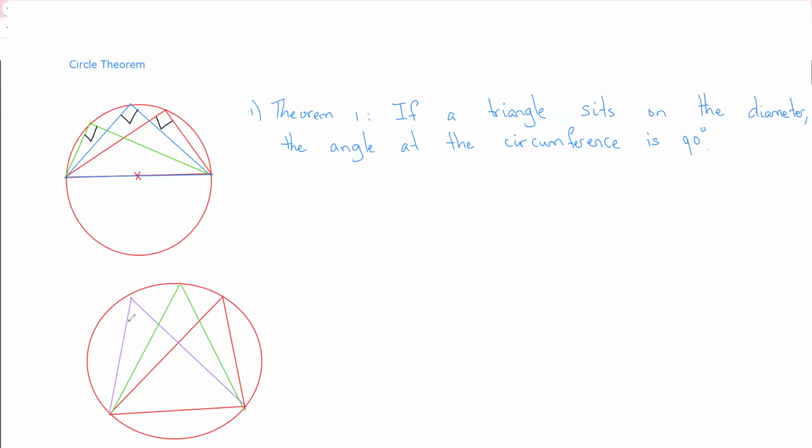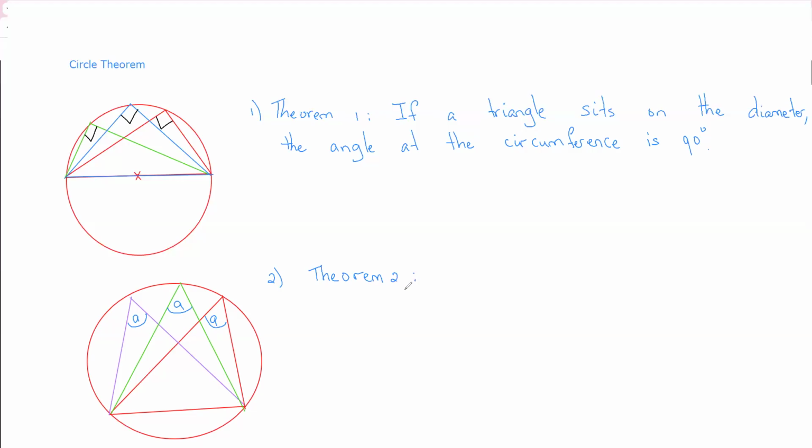So let's say the angle up here is A. This will also be A. This will also be A. So that's the rule. So once you can identify that you have triangles sitting on the same chord, you know that all the angles at the circumference will be equal. Right? So this is our theorem 2.